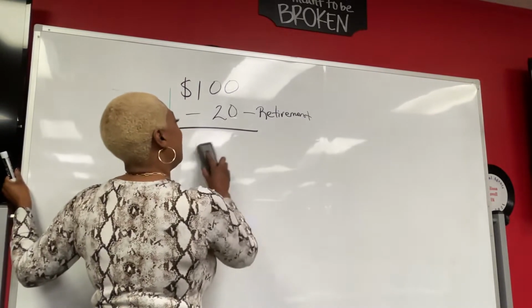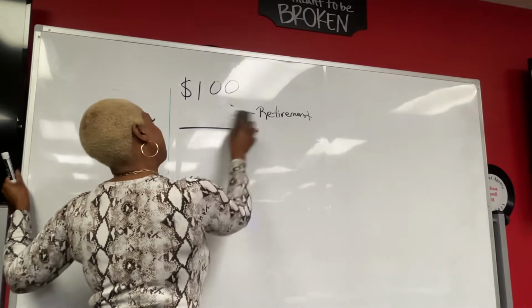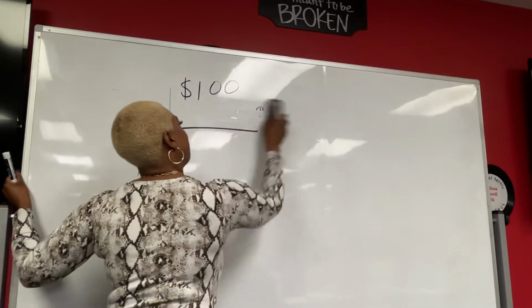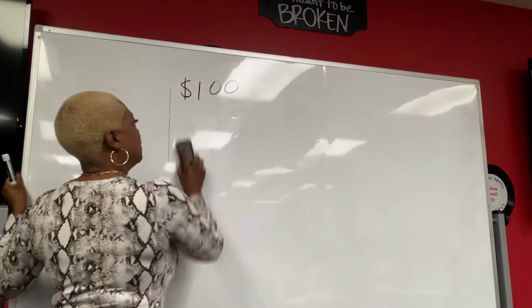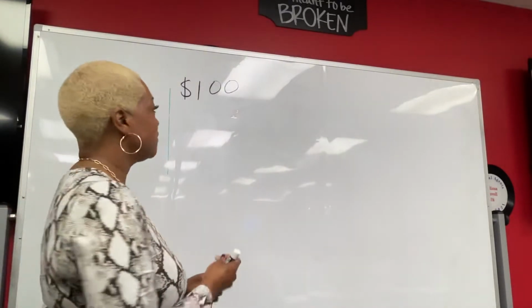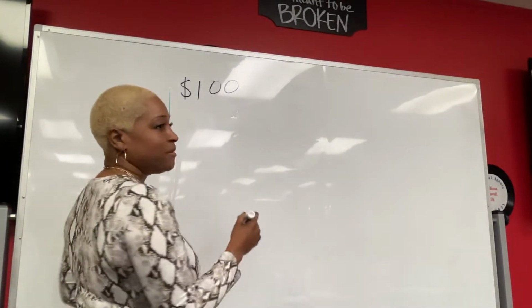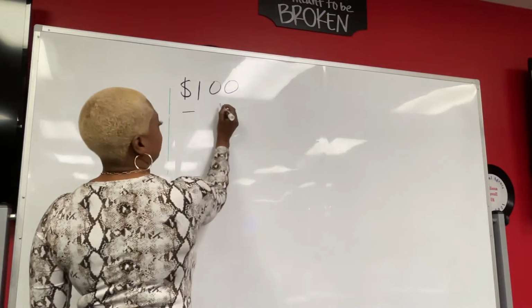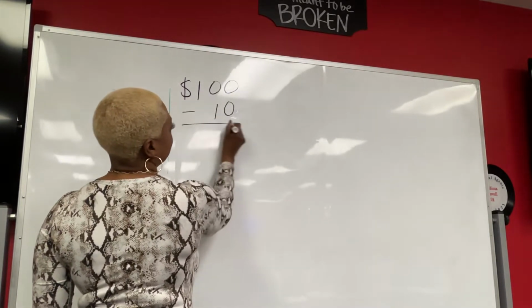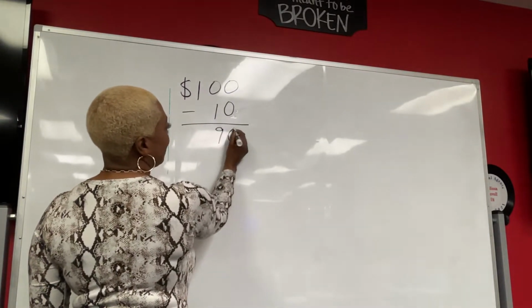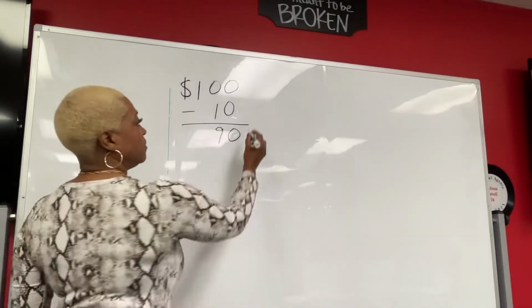Let's talk about after-tax dollars. So let's say you made $100 and Uncle Sam taxes you 10%. 10% of 100 is $10. You take home $90. So taxes come out.